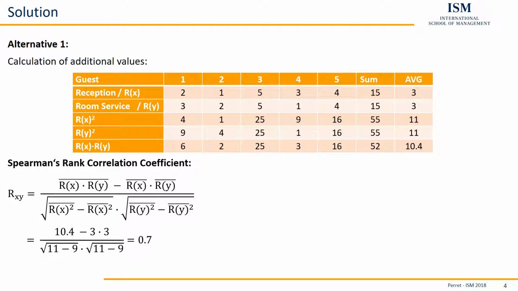Positive means if a guest gives a good evaluation of one part of the hotel, he usually also gives a good evaluation of the second part, and if he gives a bad review in one part, he usually also gives a bad one in another. Also, as the rank correlation coefficient takes values between -1 and +1, 0.7 is a pretty high value, so this is a pretty strong correlation between both evaluations.